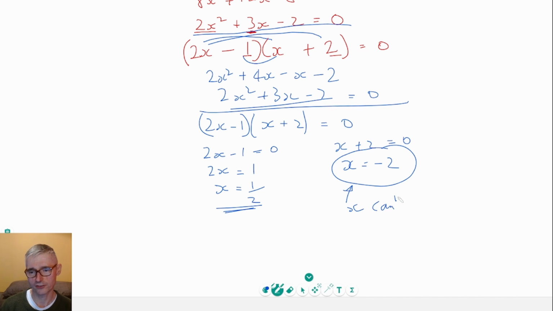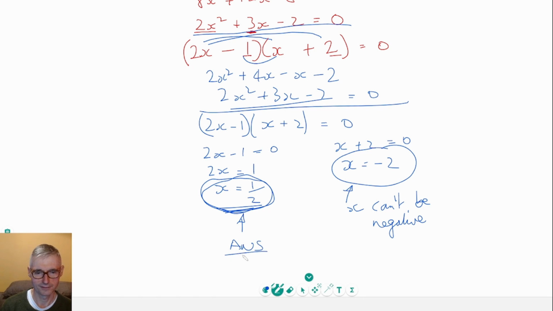So we can reject this one. And this is our answer. x is equal to 1/2. That's the correct answer. So we might want to make certain that the examiner knows that we do mean that one to be the correct one. And I hope that's been helpful to you, because that's the final answer there.